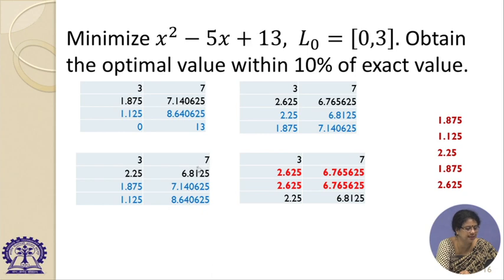This is the second table, and you can see that the functional value is decreasing, then increasing further, again increasing. That is why you are sure there cannot be any minimum between 1.125 and 1.875. So the new interval of uncertainty is from 1.875 to 3.